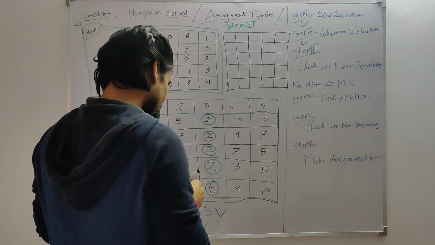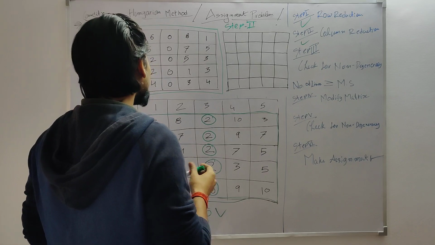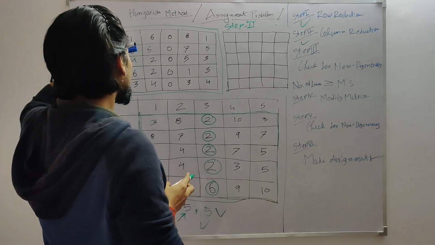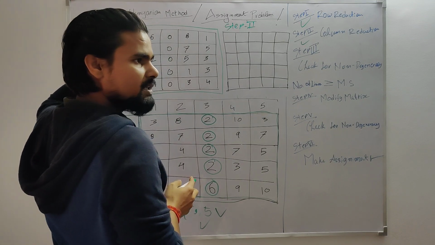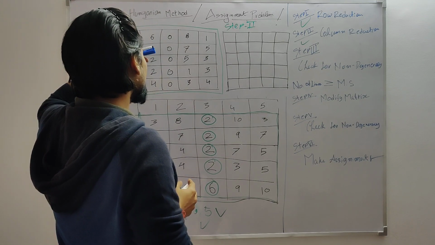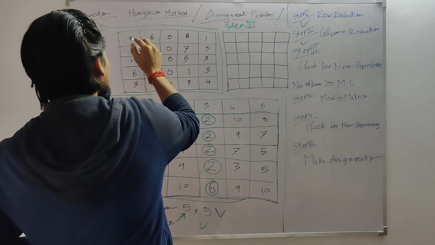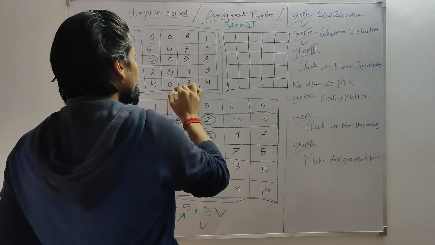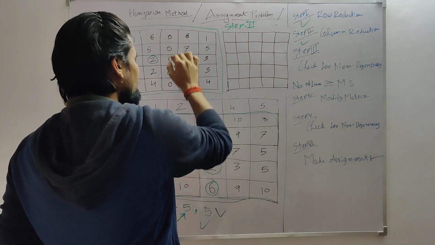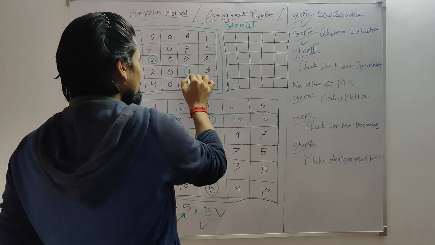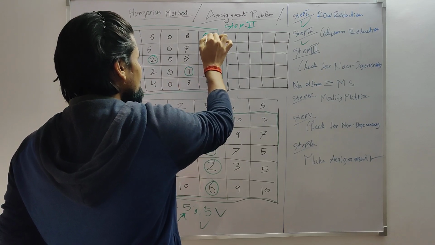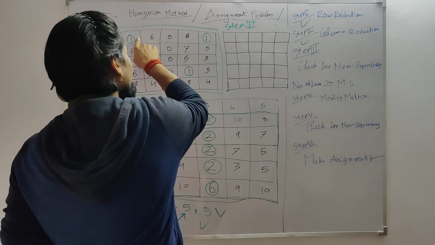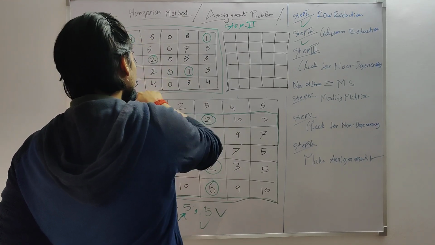So we will try to find the minimum unit in these columns. Over here is 1, here is 2, here we are not going to do anything because we already have the 0 in this column. Then over here is 1, over here is 1. So we will subtract this unit from all of these.